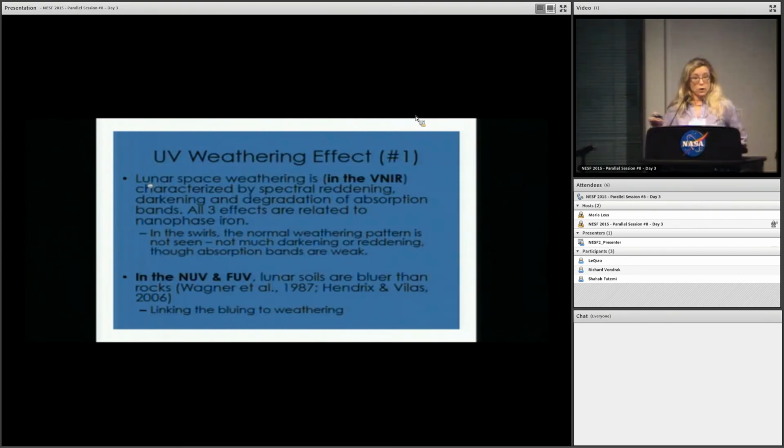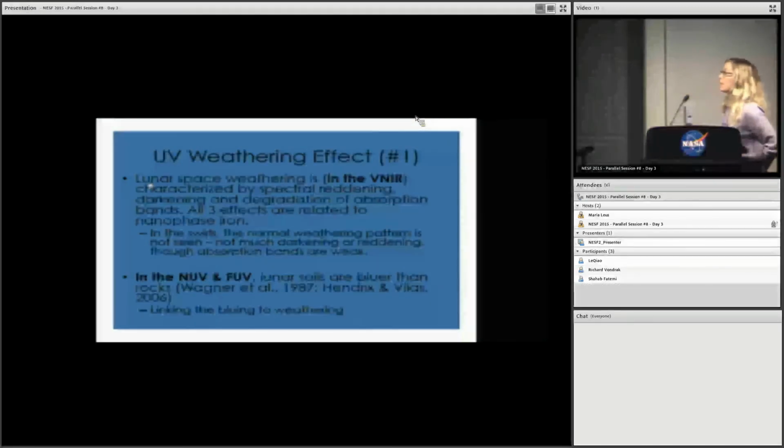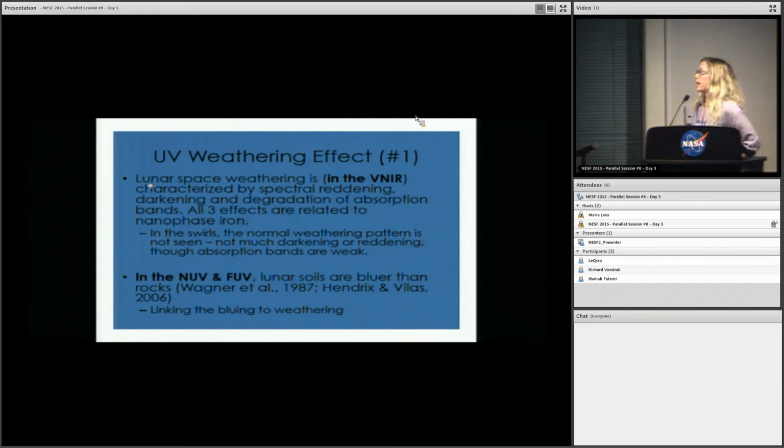As we heard this morning from Larry Taylor, the VNIR effects of weathering are quite well understood: the surface becomes darker, redder, and the absorption bands become diminished. In the UV, both in the near UV and deeper into the far UV, lunar soils are bluer than ground-up lunar rocks. So this is a connection to weathering.